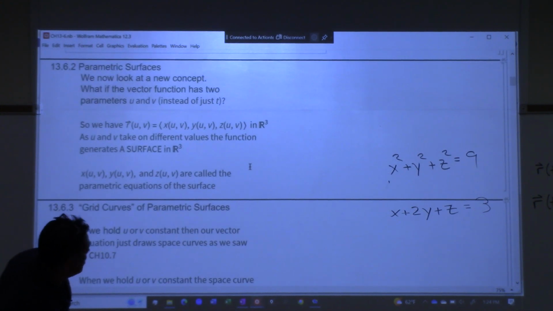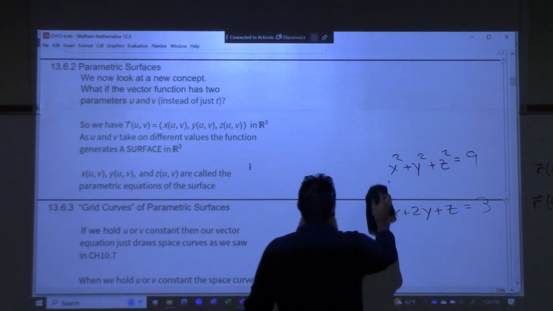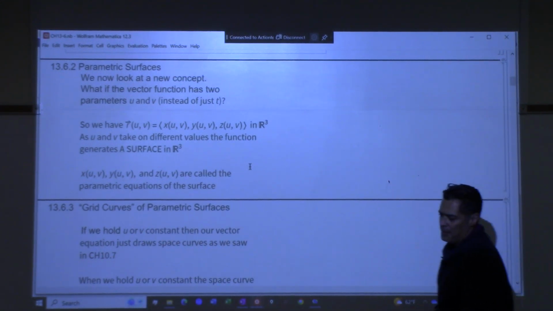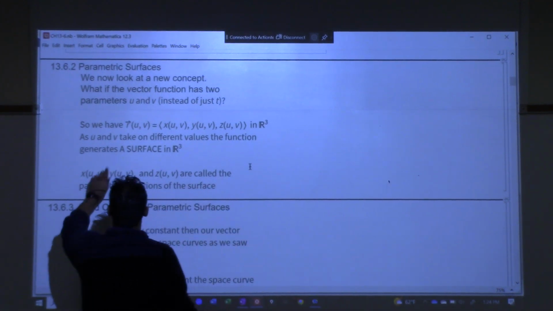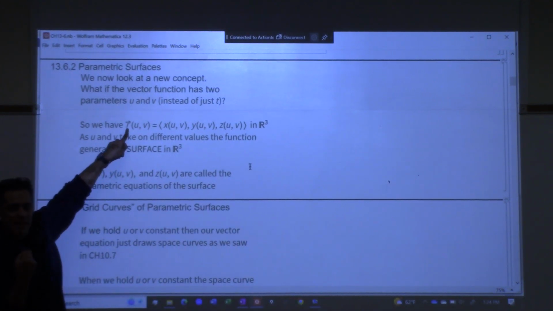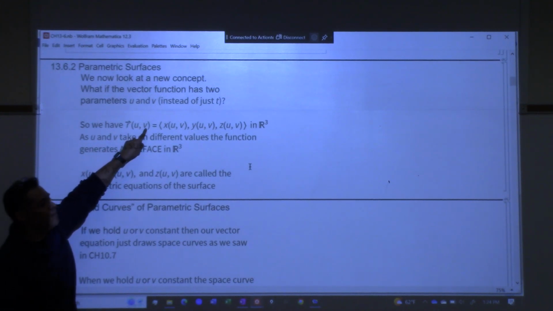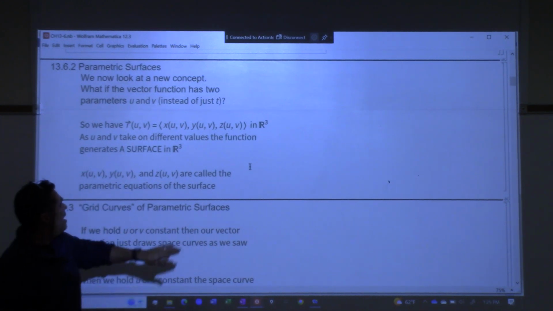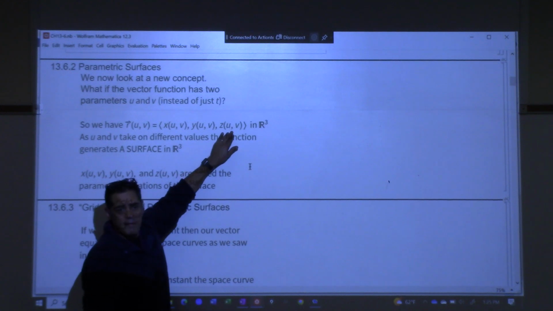There's the definition right here. What we're going to have now is a vector function. It's still going to be r, but instead of taking in one variable t, it's going to take in two variables. The standard notation is to use u and v. What is it spitting out? A three-dimensional vector.